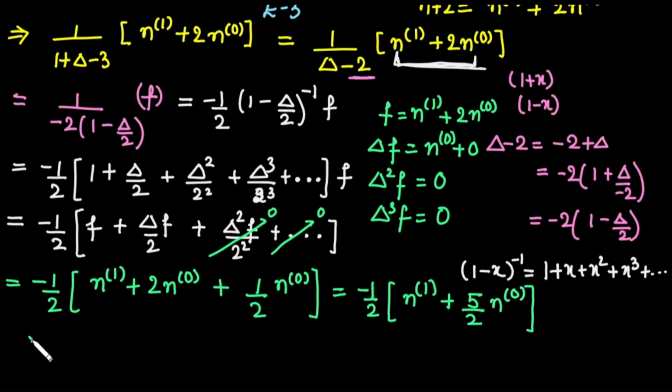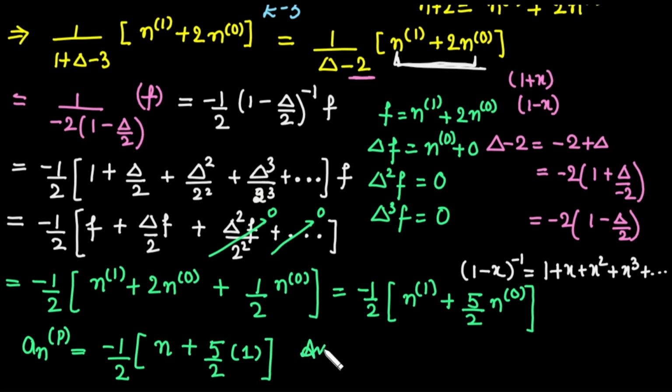And the last step is to convert back this factorial polynomial into the general one. So this is minus 1 by 2 as it is. N raised to power 1 factorial polynomial means we need one term from the factorial, that is n, plus 5 by 2. N raised to power 0 factorial polynomial means we don't need any value from there. So we will simply put 1.